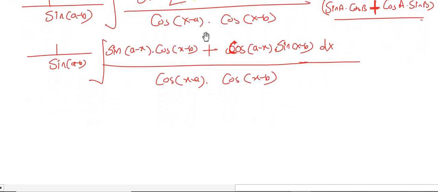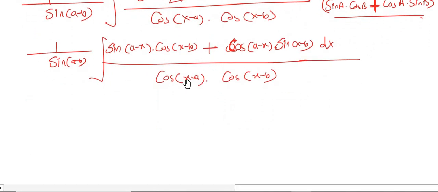Now what can we do here is to simplify. See here, this will be divided by this and this also, right? The denominator belongs to both, this also and this also.